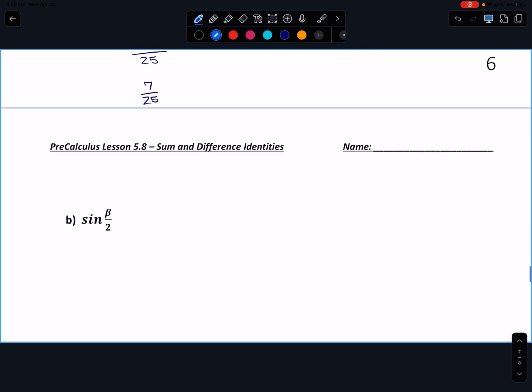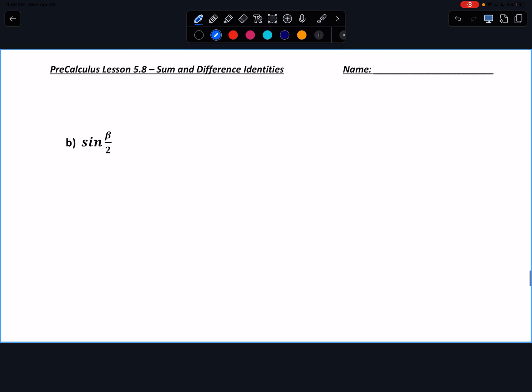So now we're going to find the sine of beta divided by 2. So that's called a half angle, okay? Your formula is always plus or minus the square root, 1 cosine of the angle, so I'm going to put a beta, all over 2. And then you just have to remember if it's a plus or a minus. So if it's cosine, we keep the sign, right?